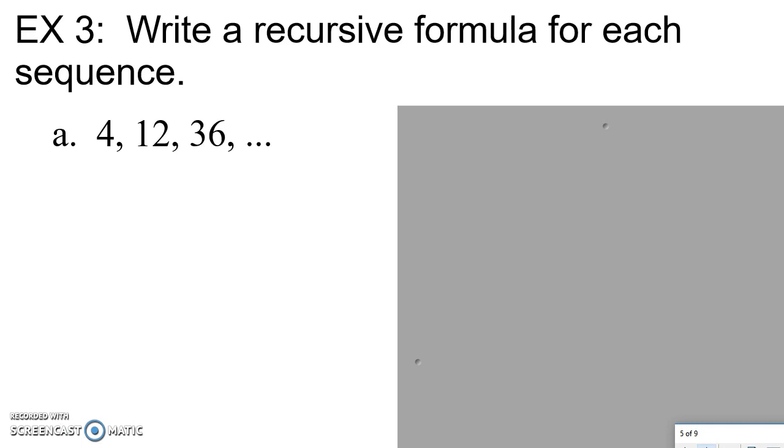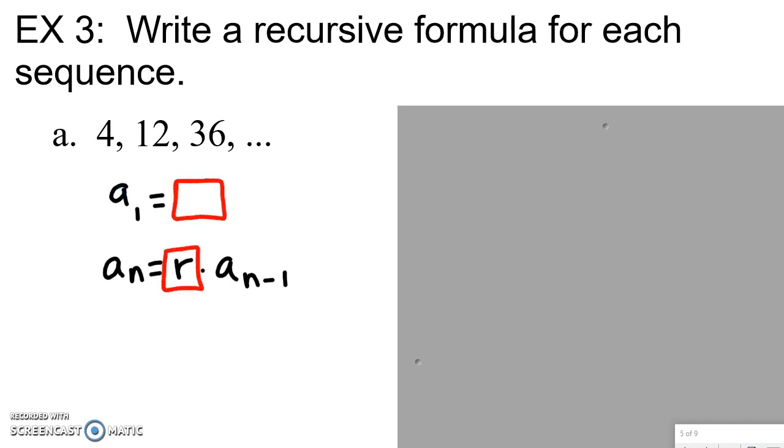Okay, so I'm going to want to write the recursive formula. So I'm going to want to write what a sub 1 is. When I write out a formula, I put my first term here, and then I plug in r. Everything else stays the same.